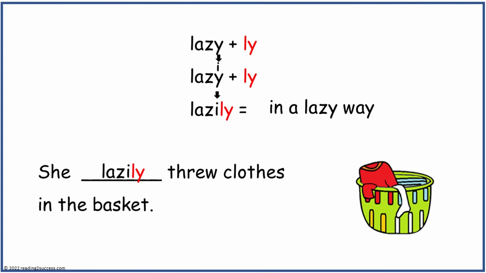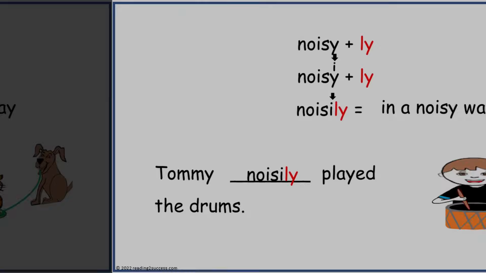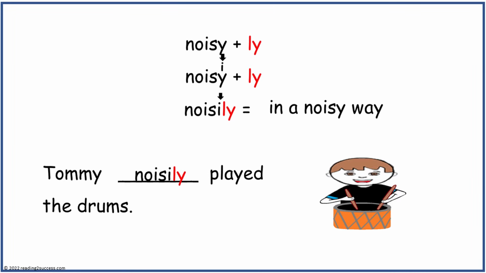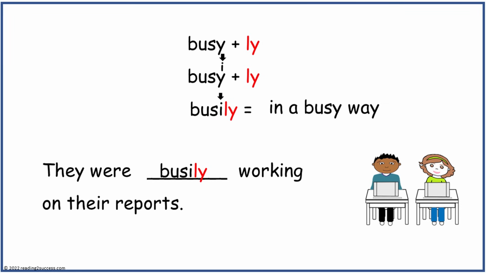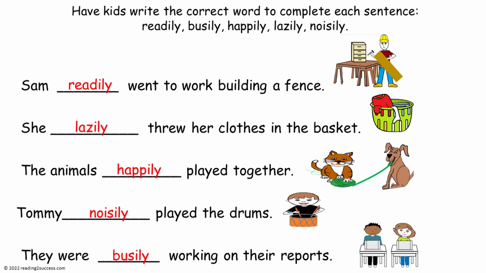She lazily threw clothes in the basket. The animals happily played together. Tommy noisily played the drums. They were busily working on their reports. This is the completed practice page.